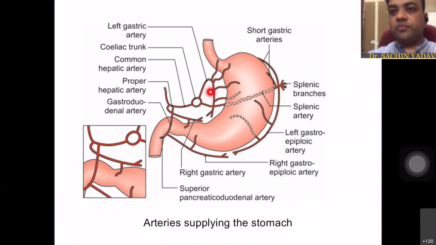The celiac trunk therefore supplies the stomach, the lower part of the esophagus, the first and the upper half of the second part of the duodenum, and the hepatic and pancreatic structures, because these are also derived as an evagination from the foregut.